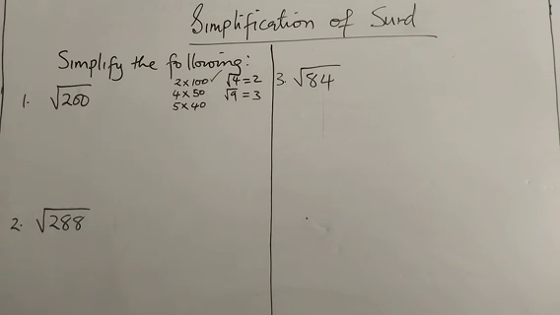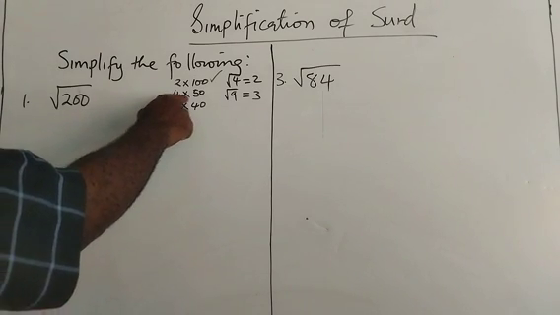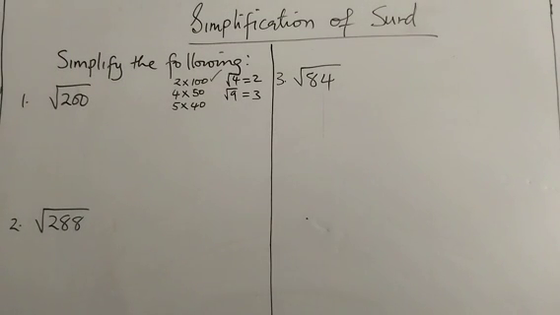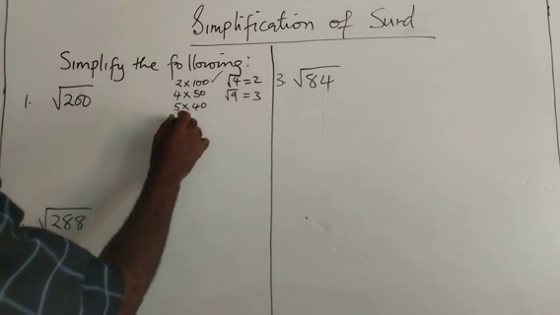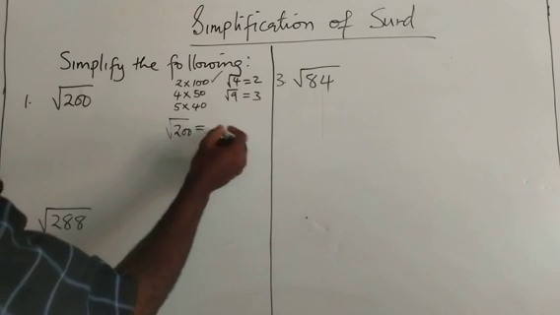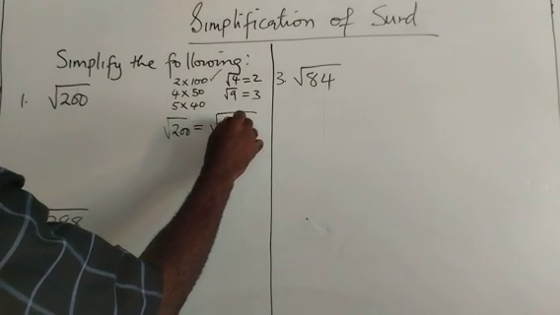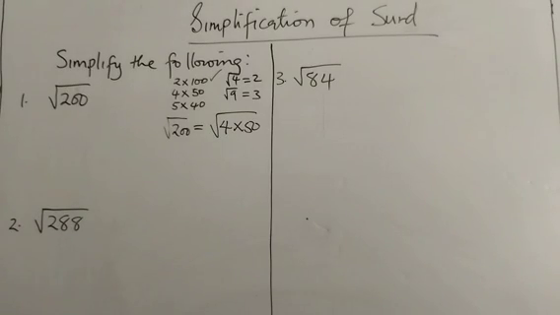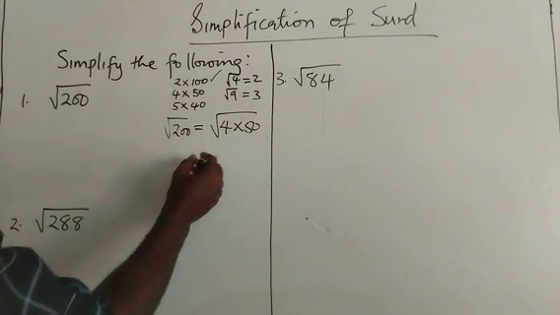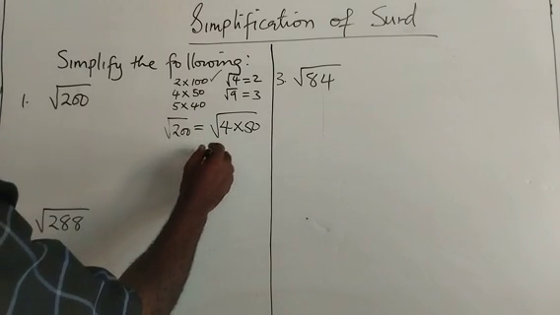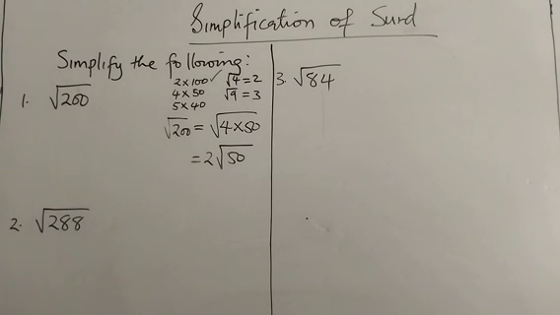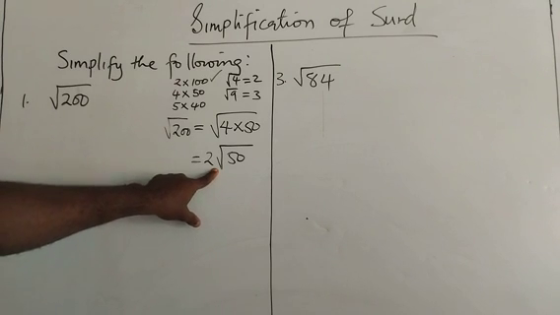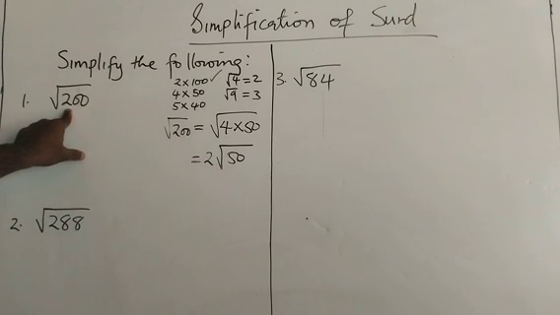But a student can decide to choose 4 times 50. Let's look at 4 times 50 and see how it goes. Root 200 equals to 4 times 50. Simplifying further, square root of 4 gives 2, root 50. Now, this does not simplify 200 completely.